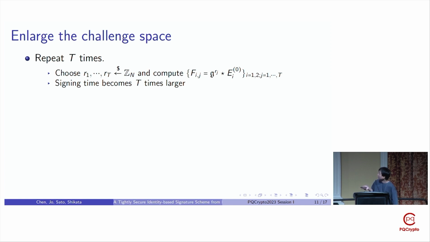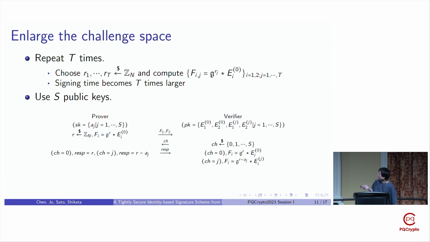To enlarge the challenge space, the base lossy CSI-FiSh identification needs to be repeated T times simultaneously, which means we use T independent F1, F2 as commitments. But this increases both sign time and signature size by a factor of T. So multiple public keys are used to achieve a trade-off between public key size, sign time, and signature size.